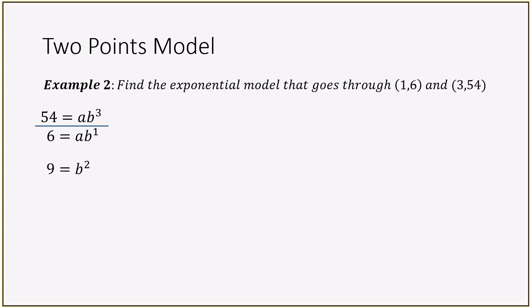The a's drop out, which is great because we only want to solve for one variable for now. And then I'm left with b to the third divided by b to the first, which is b squared. You kind of subtract the two exponents. We'll talk about that more later, but I feel it's reasonable at this point to assume that if you have something to the third power and you're dividing it by that thing itself, that leaves you with two of them. And now I just square root both sides. b is equal to 3.